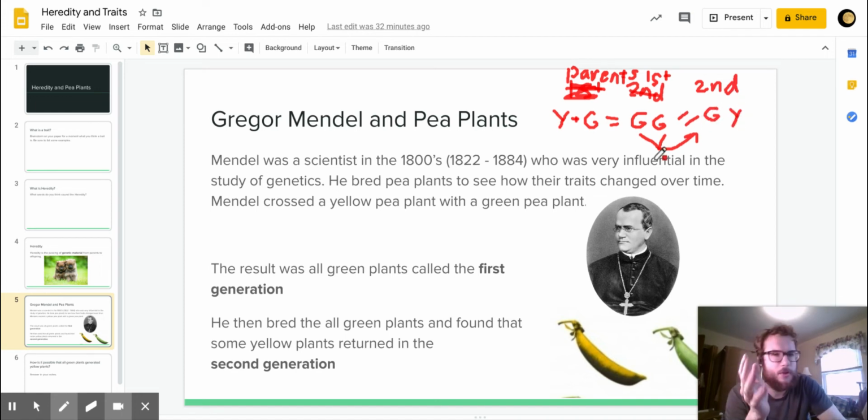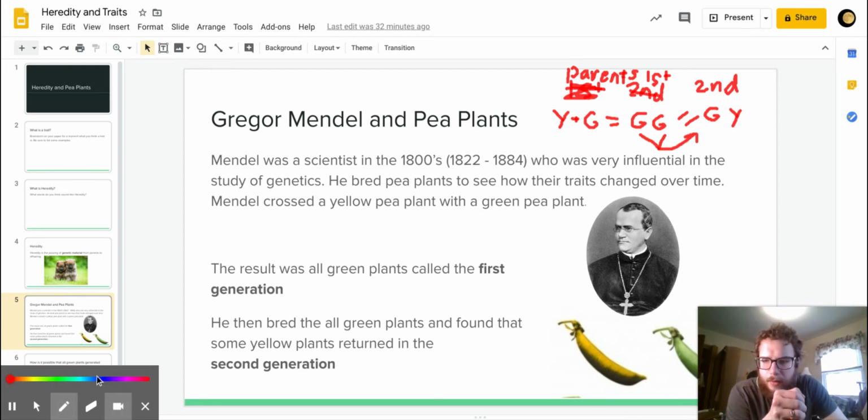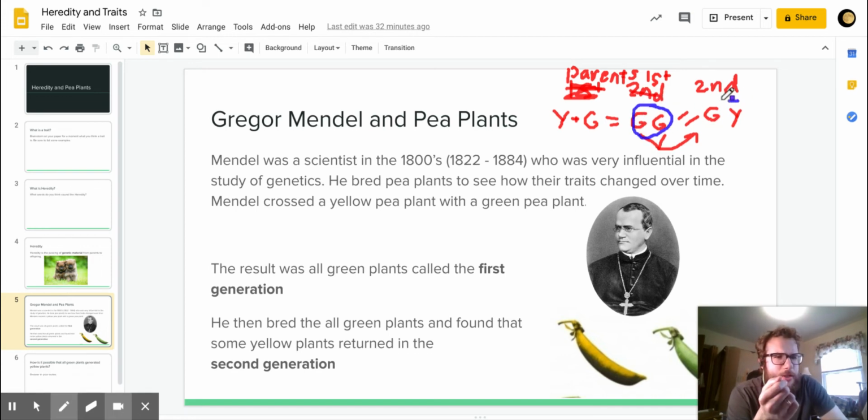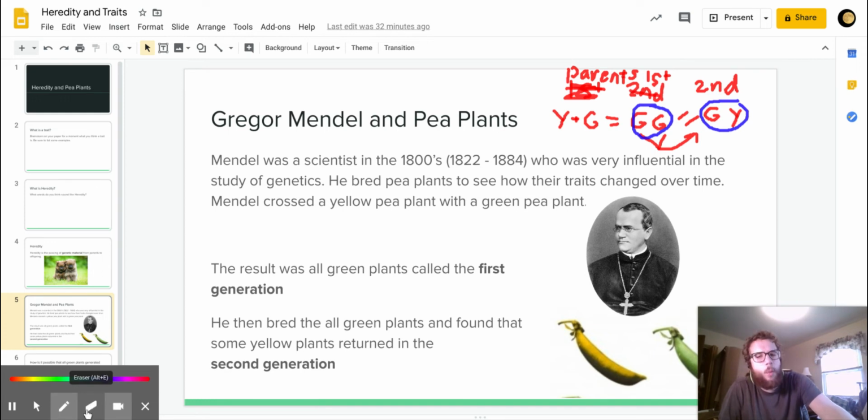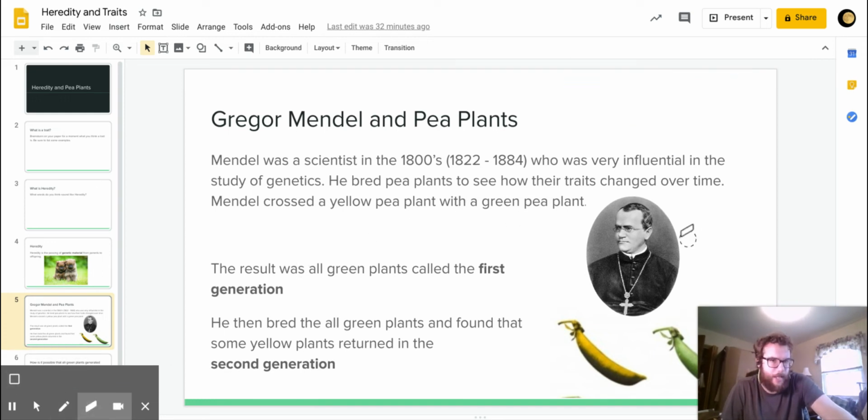So you see the yellow went away in that first generation, but then it shows up again in the second generation, which doesn't make a whole lot of sense. So there's a lot of wondering that came from that. Mendel was like, what's going on here? That doesn't make sense to me. So let's continue on.